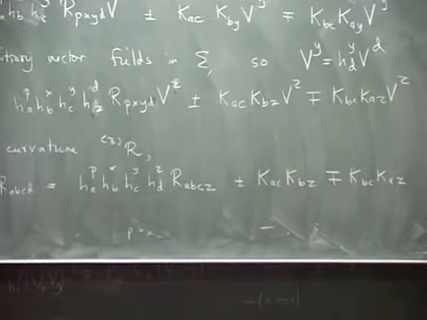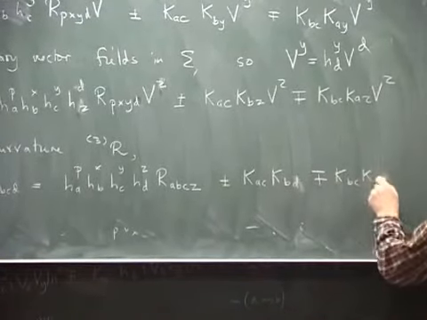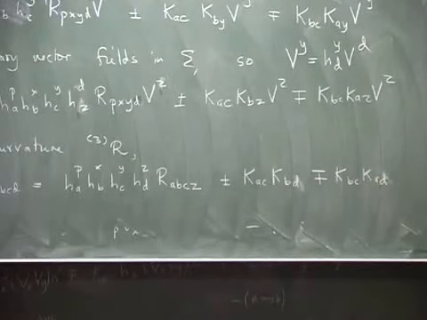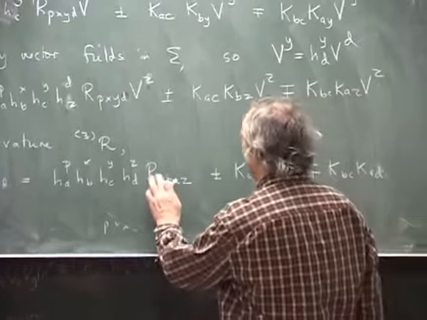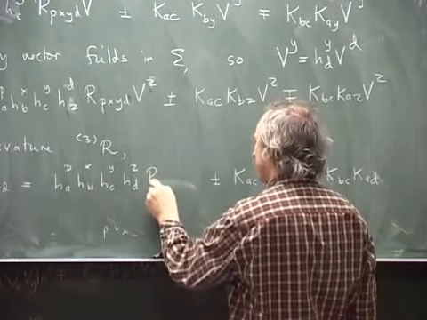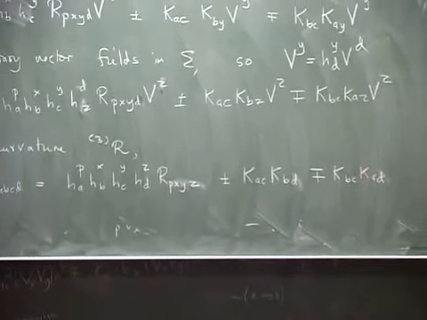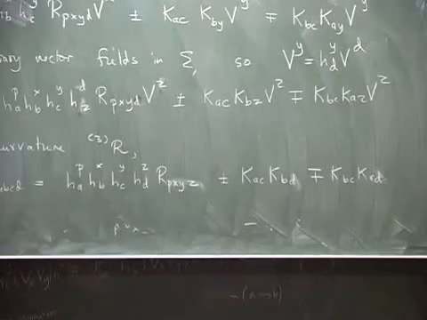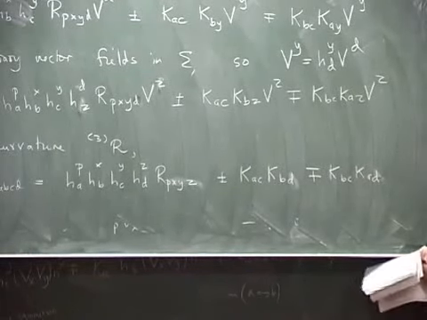There's something that looks funny about this. This should be a d. That looks better. And the only place that's gone wrong is here, which I didn't mean at all. This is R_pxyz. That's a formula for the three-dimensional Riemann tensor in terms of the four-dimensional Riemann tensor.